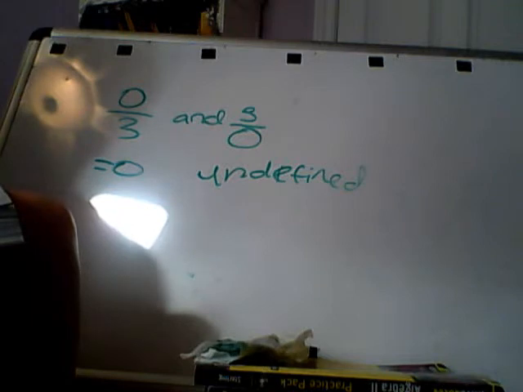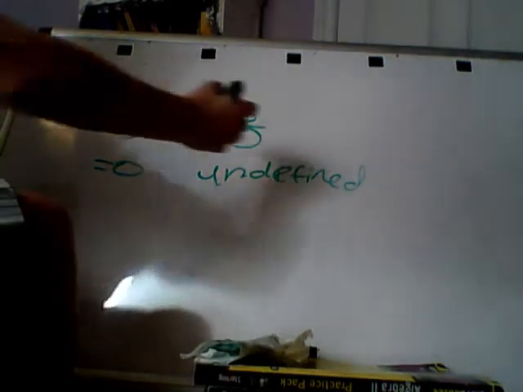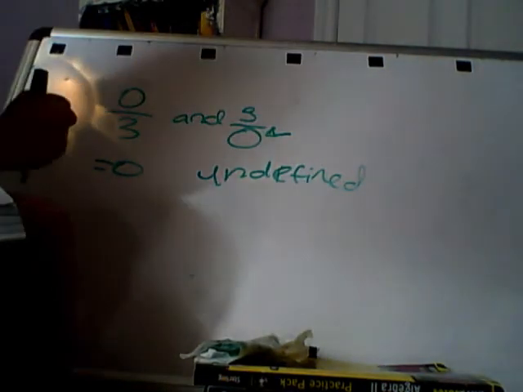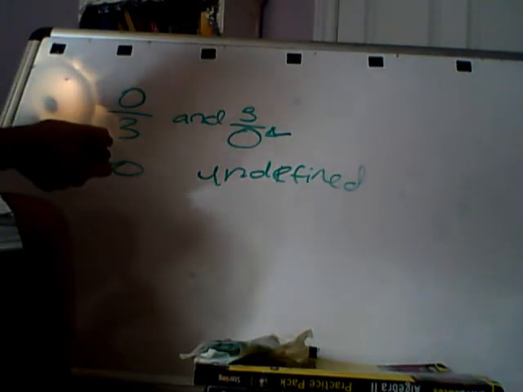I don't know why they do this to people, but it's undefined, because fractions like 8 over 0, 0 can never be the denominator, so it can only be in the numerator, and that's why it's undefined.